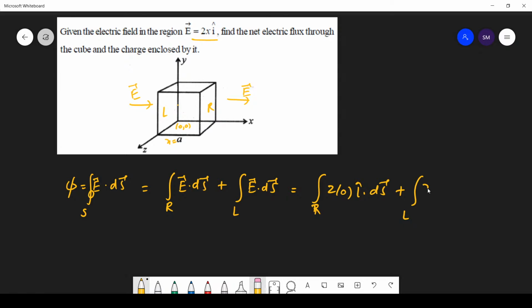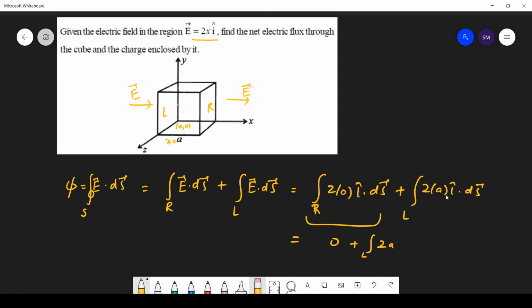So this is 2a i cap dot ds. Now this term is 0 plus the left face.